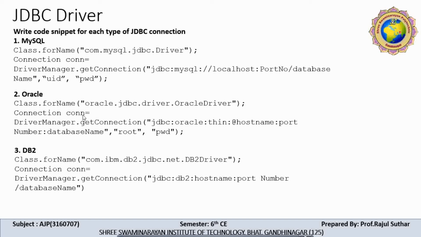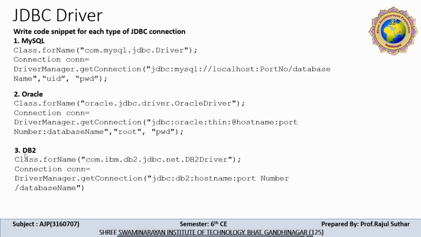So Connection con is equal to DriverManager.getConnection, jdbc:oracle. Here the thin driver is used, so colon thin at host name, colon port number, colon database name. And while we are using the Oracle, the default username is root and password is covered. So root and password is covered here also.